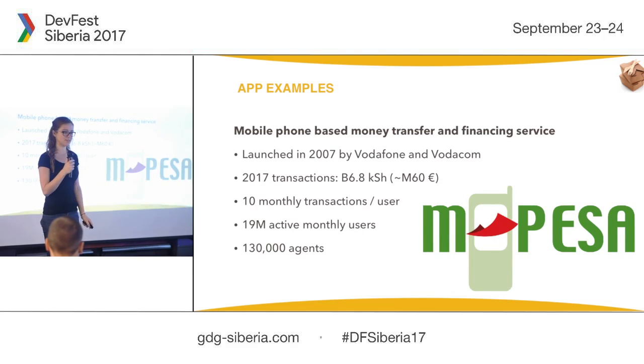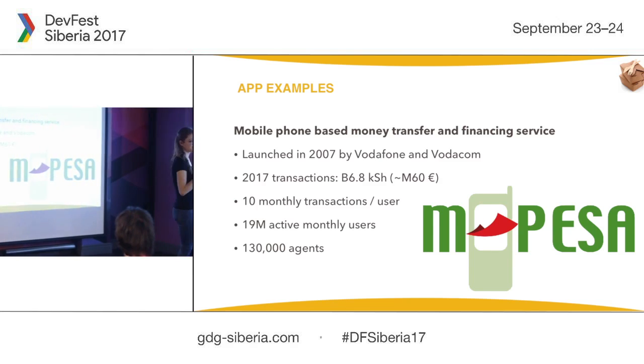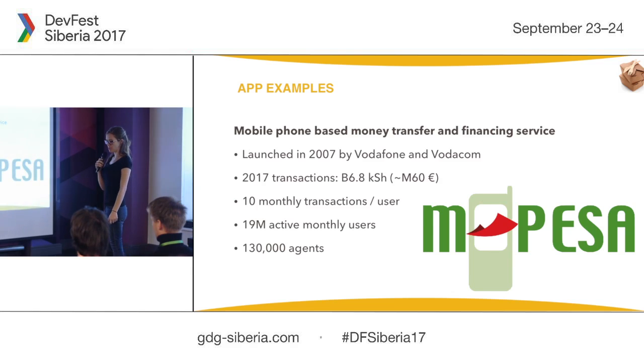Last example is M-Pesa. Anybody in the crowd knows M-Pesa? This is their logo. So the official definition is a mobile phone-based money transfer and financing service. This essentially means that because in many countries in Africa there are no banks, or there are banks but they're few, and getting a bank account and bank credit is incredibly hard, this is your only bank.